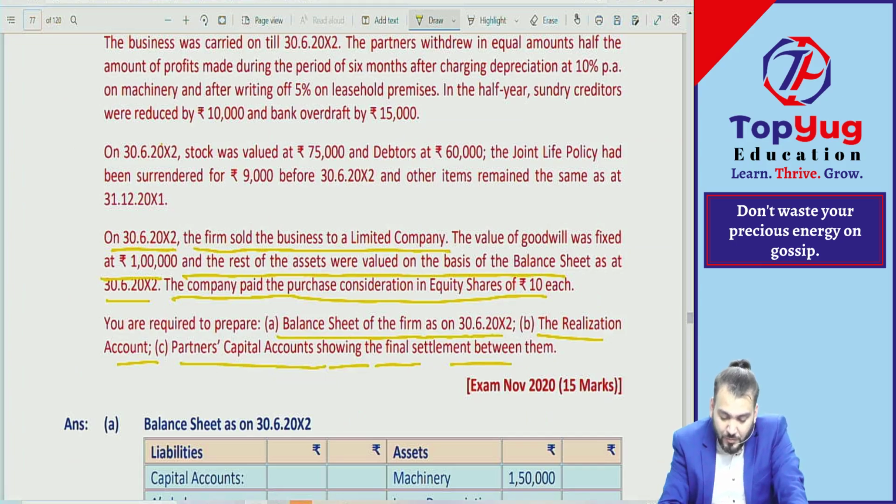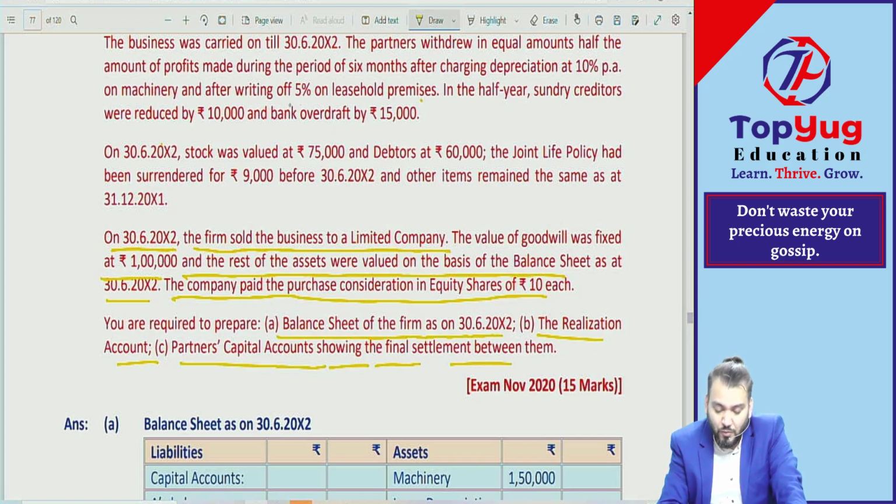What have they given? For plant and machinery they have given 10% per annum, and for lease of premises they have given 5%. Understood? This point. So 5% means this is 5% for the period, this is not per annum.